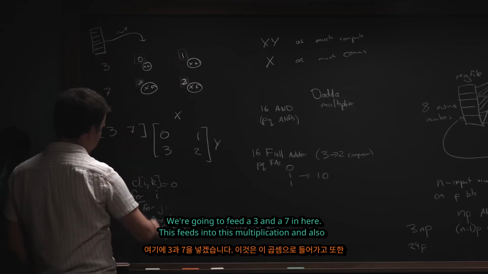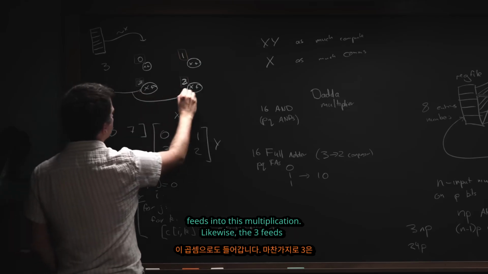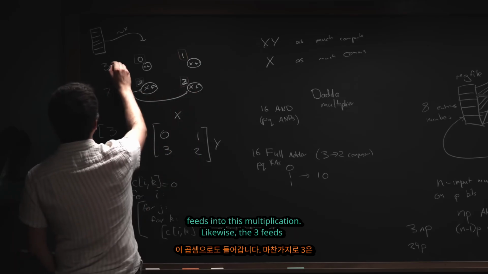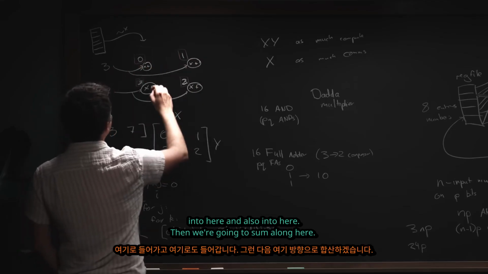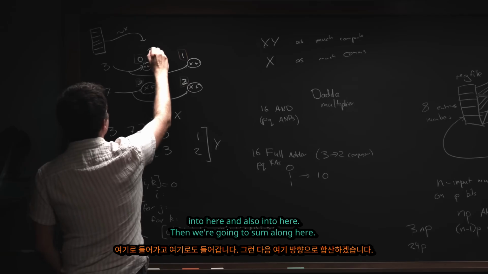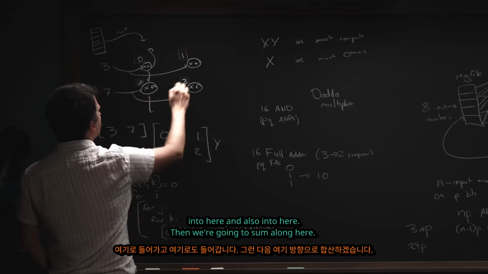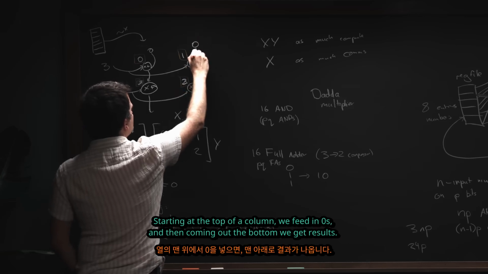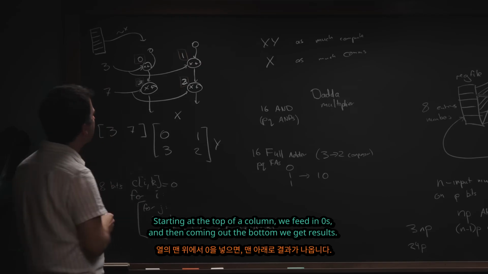These feed into this multiplication and also into this multiplication. Likewise, the 3 feeds into here and also into here. And then we're going to sum along here, starting at the top of a column, we feed in zeros, and then coming out the bottom, we get results coming out.